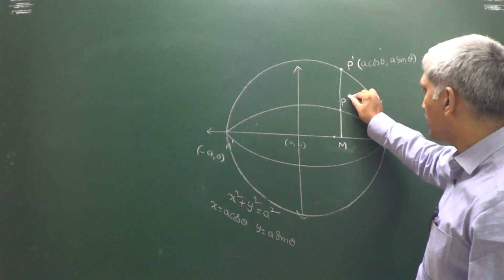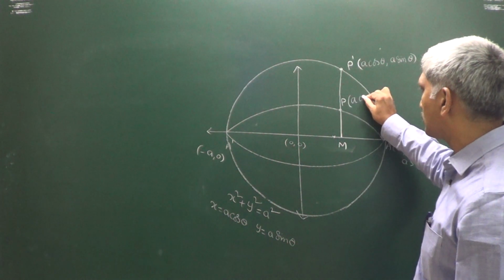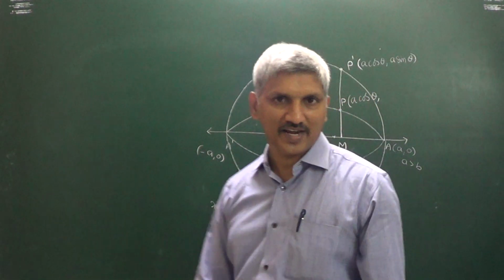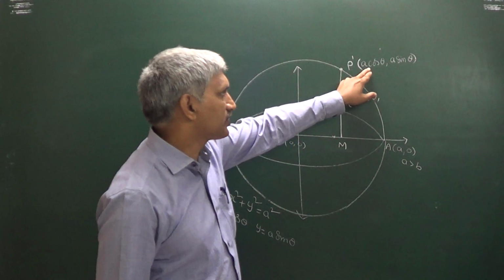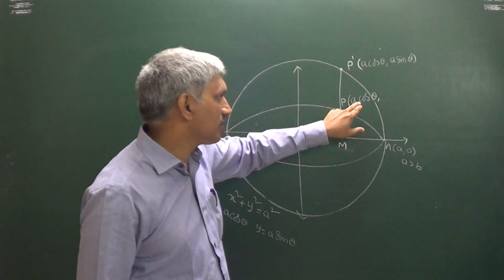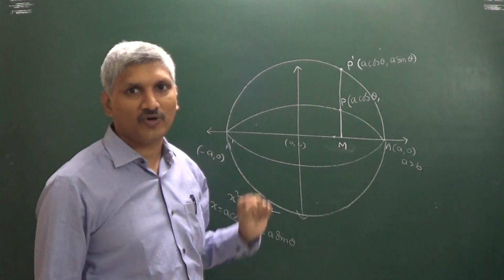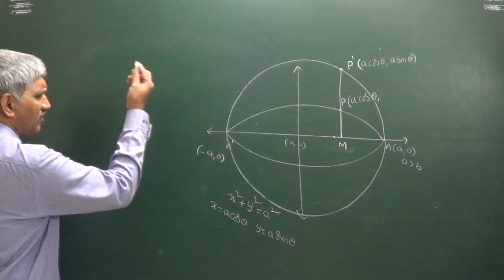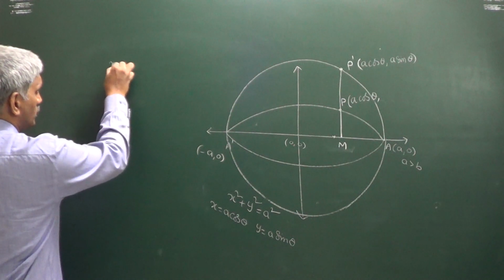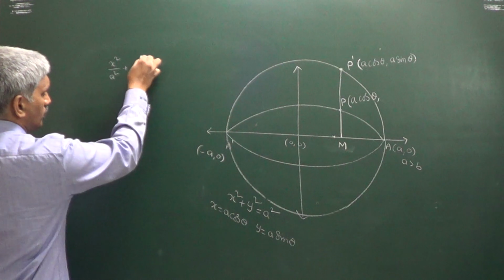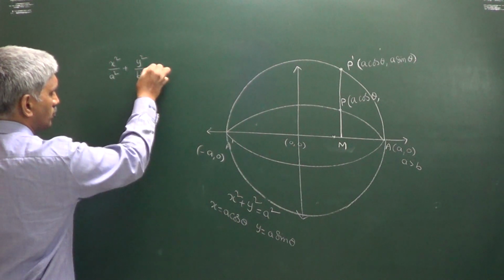Now what about this particular point? This point's x coordinate is also the same, a cos theta, right? Because for this point the x coordinate is a cos theta, here also the x coordinate is a cos theta. For the point M also the x coordinate is a cos theta. Let us say the y coordinate is y1. So that point lies on the ellipse. X square by a square plus y square by b square is equal to 1.